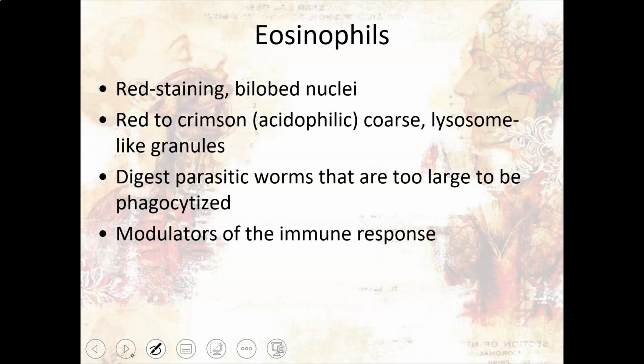Eosinophils are going to be involved in the parasitic reaction, and they're going to help modulate the rest of the immune response. They can cause immune action that can actually be harmful, like a type of asthma called eosinophilic asthma, where the chemicals released by eosinophils cause the bronchi to constrict.